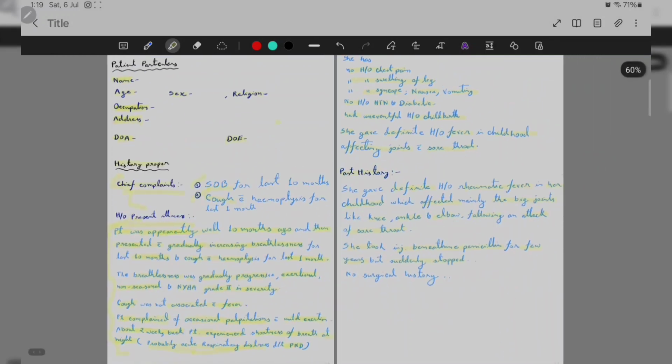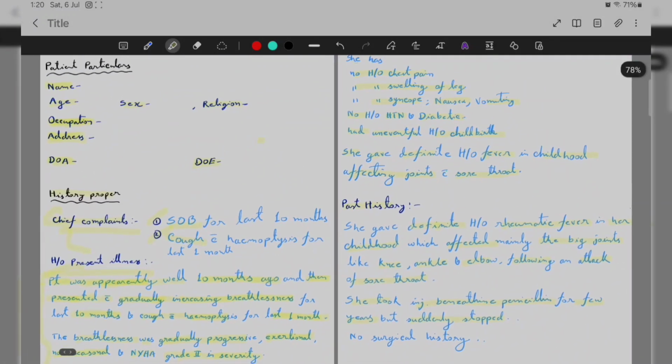Then you have to write the negative histories: she has no history of chest pain, no swelling of legs, no history of syncope, nausea, vomiting, no history of hypertension and diabetes, and had an uneventful history of childbirth. And one major history which is significant here is that she gave a definite history of fever in childhood affecting the joints and sore throat.